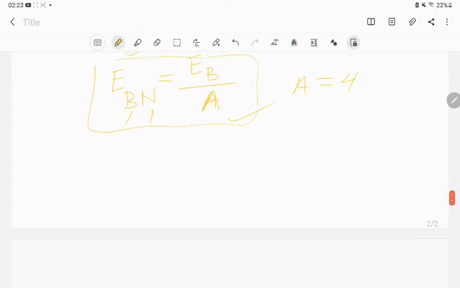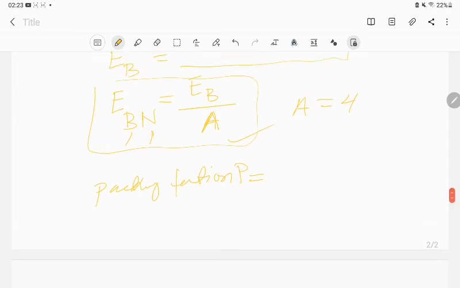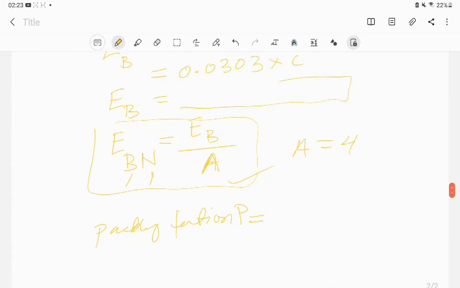Now what is packing fraction? Packing fraction, denoted by P, is mass defect per nucleon. The difference: binding energy per nucleon is binding energy per nucleon, while packing fraction is mass defect per nucleon.